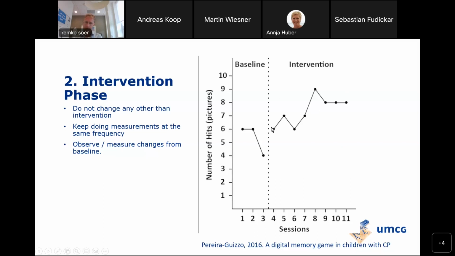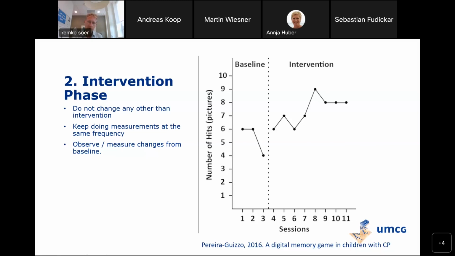On the first trials, you don't really see a difference, which is quite stable compared to the baseline, but after a while, and that's what you would expect, people start learning from it. So it did take a while for the child to learn, but it did, and it went from 4 to 6 to 9, which is indeed an intervention that is pretty effective.